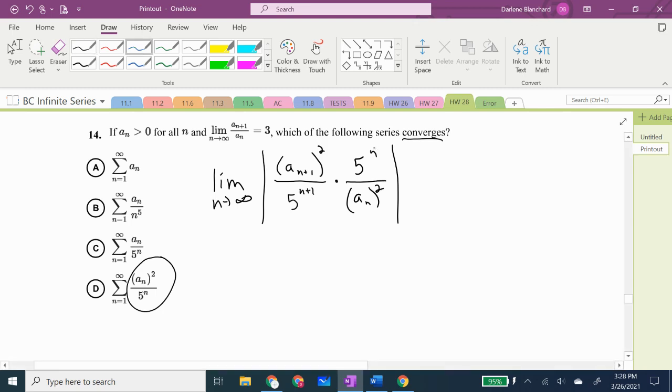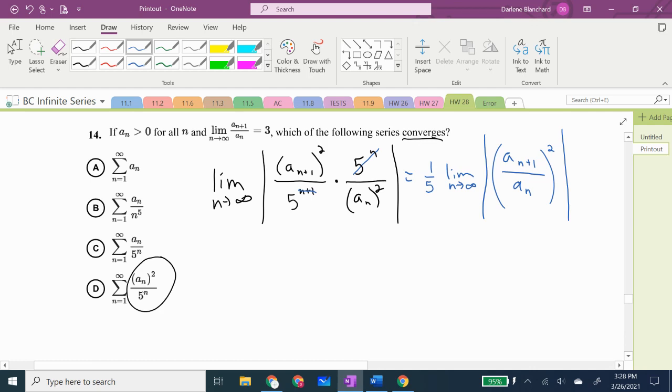We have again the issue of we're left with a 1/5 in that situation. And then what I'm left with is a sub n plus 1 over a sub n quantity squared.